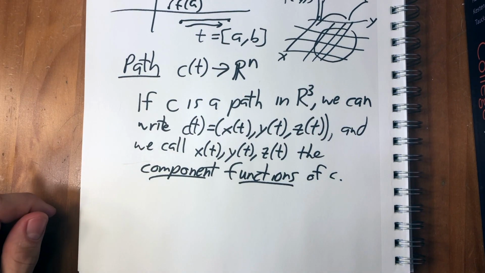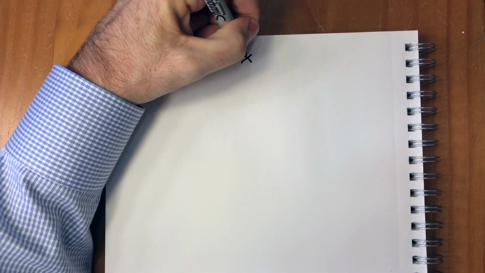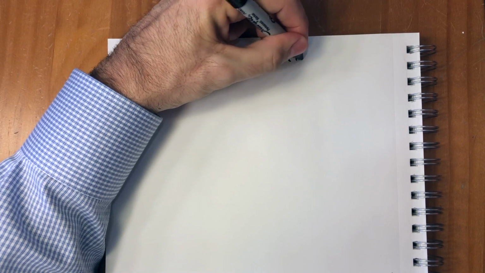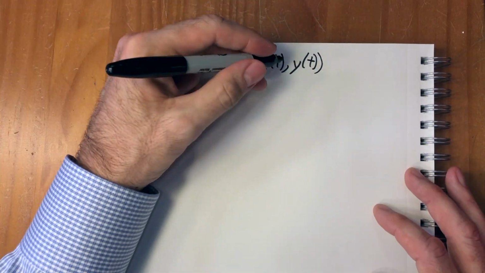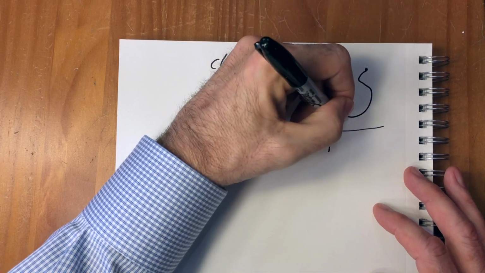To me, this is one of the hardest things to accept or believe about parameterizing a curve. If we have c(t) equals x(t), y(t), so we have two functions, and they make some kind of a curve here.